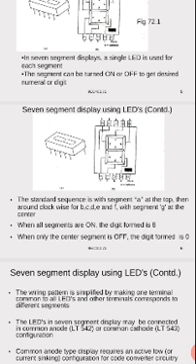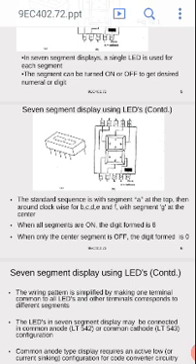The wiring pattern is simplified by making one terminal common to all LEDs and other terminals corresponds to different segments.